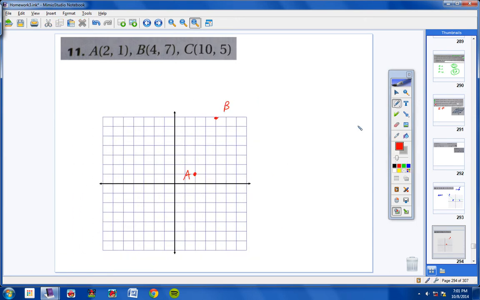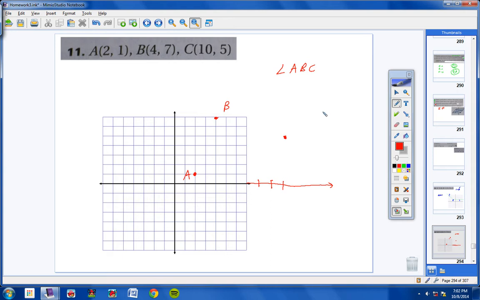And now let's see. We want to go over 10. 1, 2, 3, 4, 5, 6, 7, 8, 9, 10. So over 10, then up 5. 1, 2, 3, 4, 5. So over 10, up 5. So right here. Okay, so remember they want us to draw angle ABC. That's what the directions say to do.